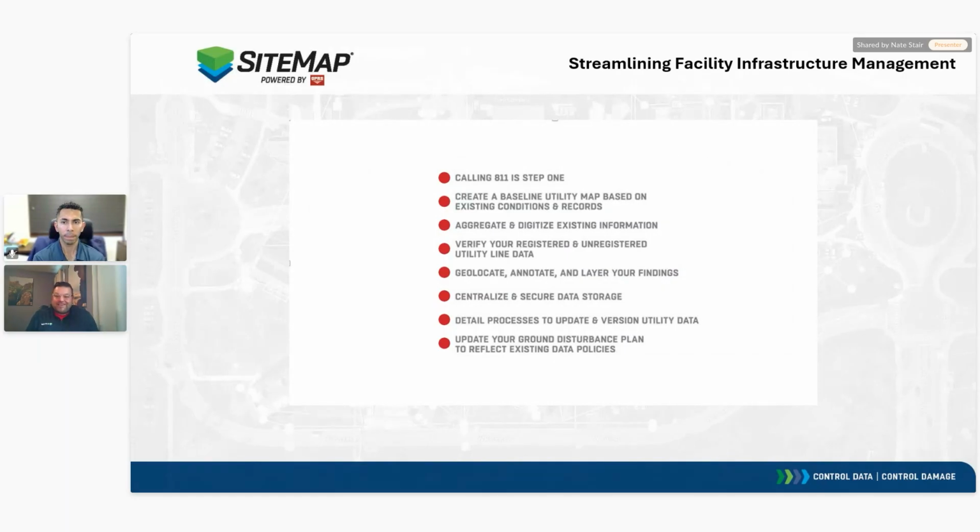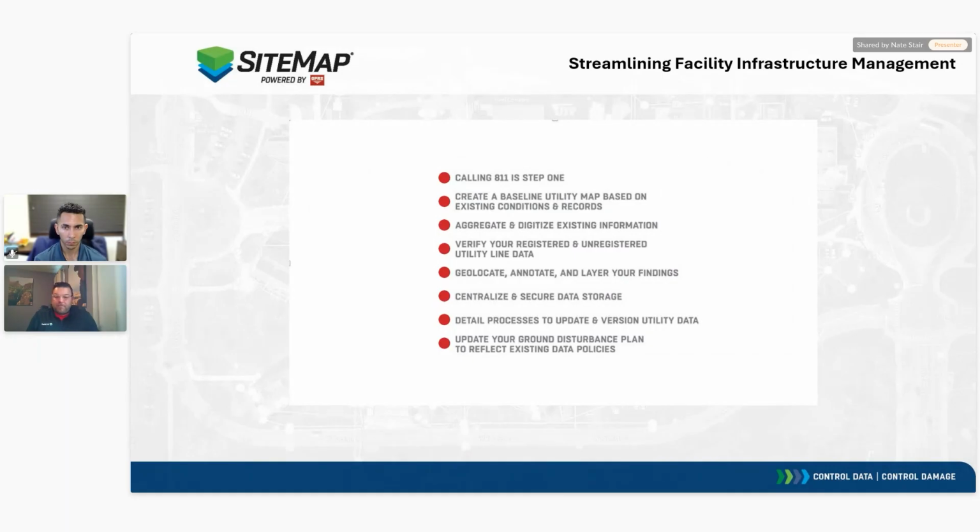The 4th step is verifying that registered and unregistered utility line data. Oftentimes you'll find utilities that abut, but there's infrastructure information that you don't have. So it's important to know potentially what could be out there, versus old as-builts and whatnot.